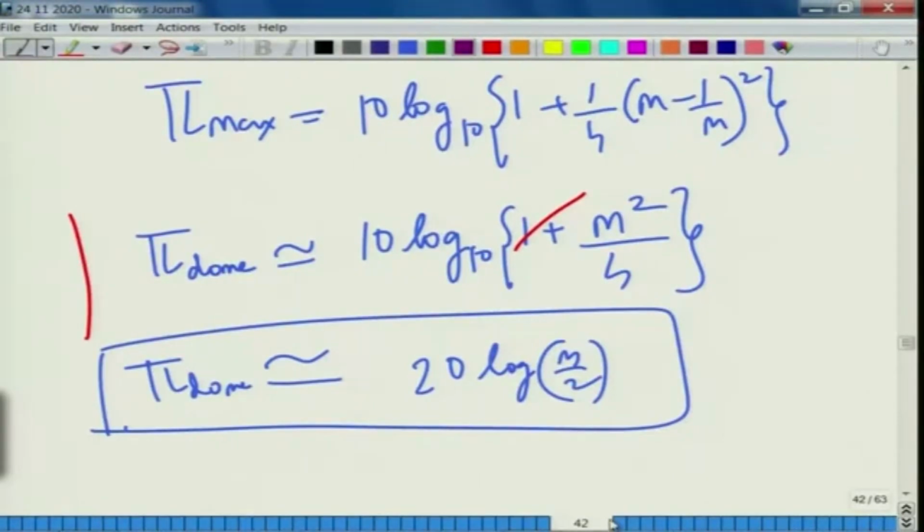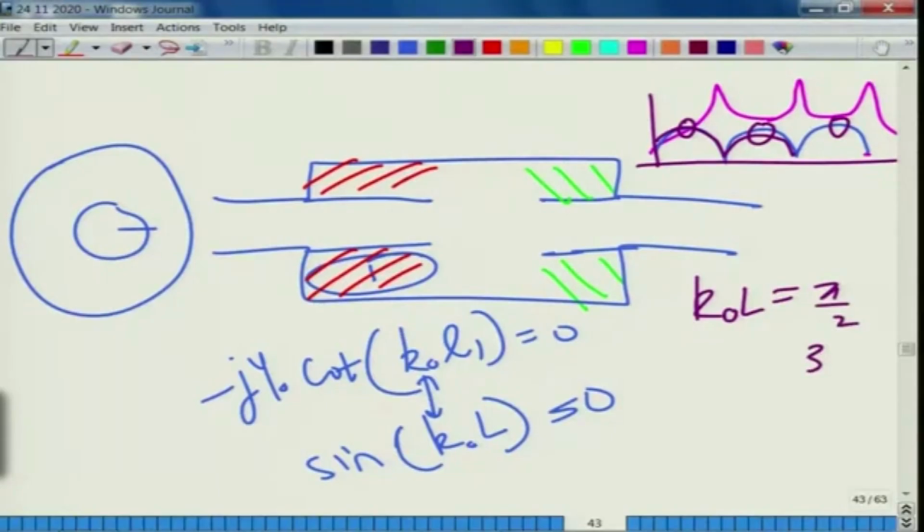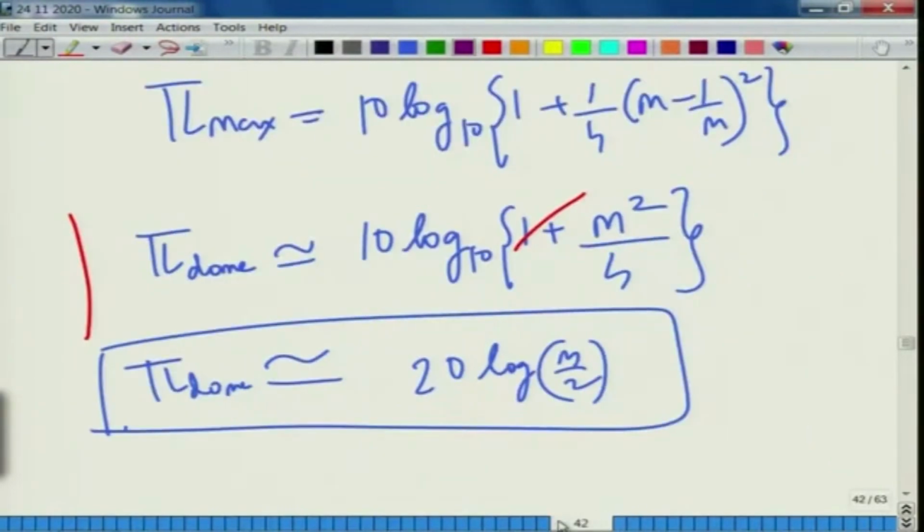So, it turns out that we do get these domes and troughs. We get these domes somewhere here at certain frequencies. If you recall, what were those frequencies? K naught L is equal to pi by 2, or 3 pi by 2, 5 pi by 2 and so on. So, we could readily work out those frequencies.